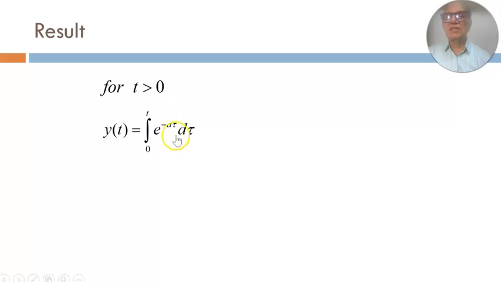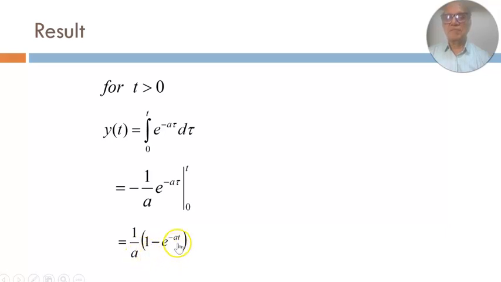So it is essentially this which has to be integrated with respect to tau and put the limits, so you will get a function of t. All right. So if you integrate, we know that this is minus 1 by a e raised to minus a tau with the limits 0 to t. So when you put the limits, you get this expression.